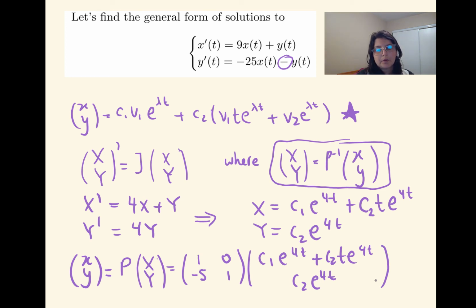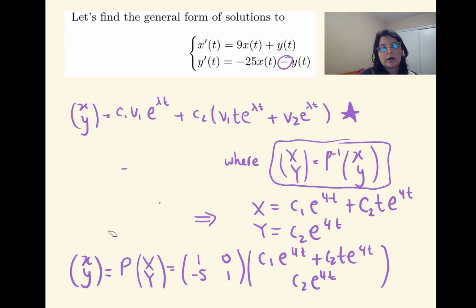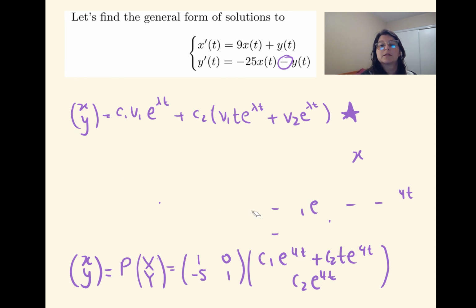And what happens when we expand this product is that we find that the vector x, y equals what we have on the right hand side of the equation star. So let's expand this part.